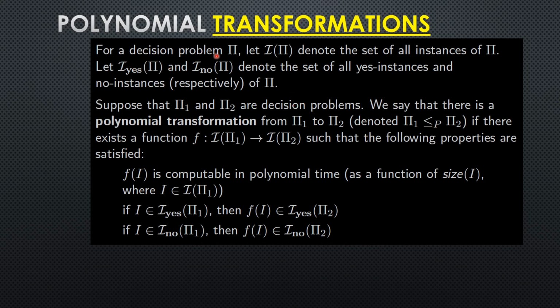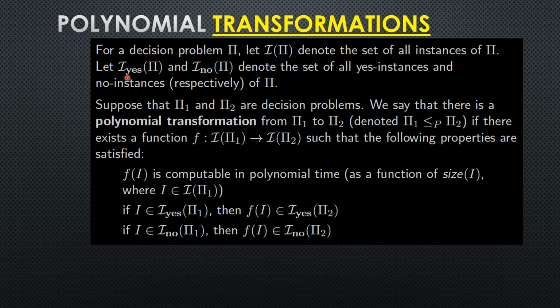So for decision problem pi, let I of pi, the script I of pi, denote the set of all instances of pi. What's an instance? It's just an input. So this is the set of all possible inputs for this problem. We're going to partition this set I of pi into I yes of pi and I no of pi. I yes contains the set of all yes instances.